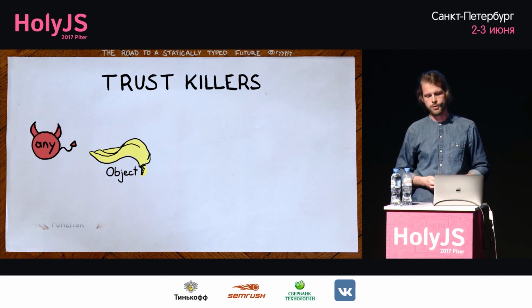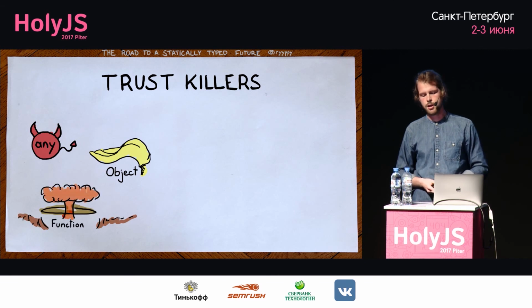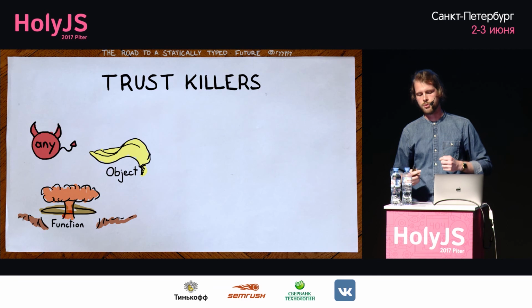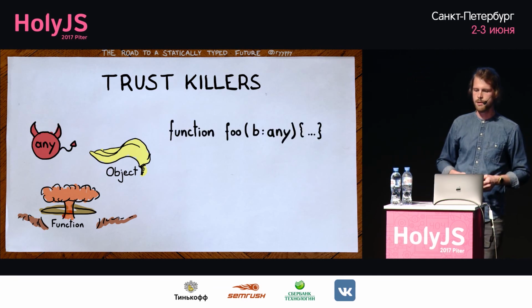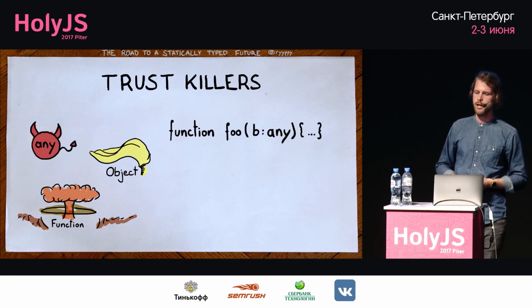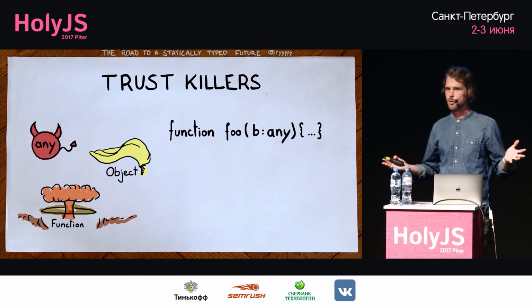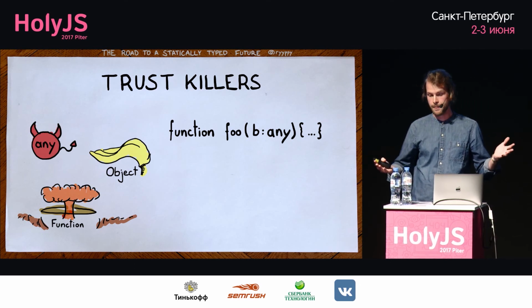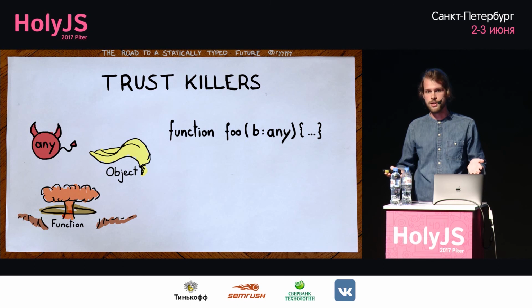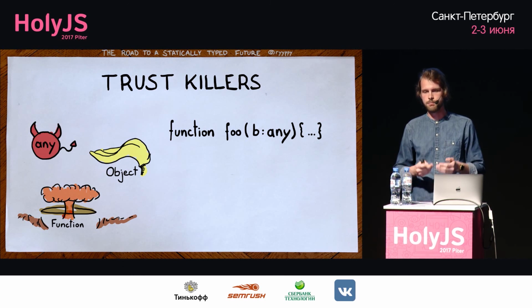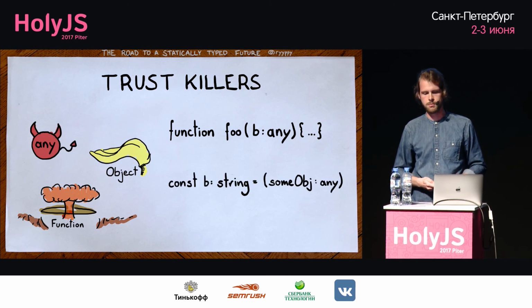And you nuke all the types when you're using Function, and Function is even worse than Object, because it has two types to define: the input parameters and the output. So for example, we have our function here, and we just don't care what the input parameters are, we declare it as any. And you can pass in whatever you want. It doesn't care. So this is pretty much worthless and even dangerous.